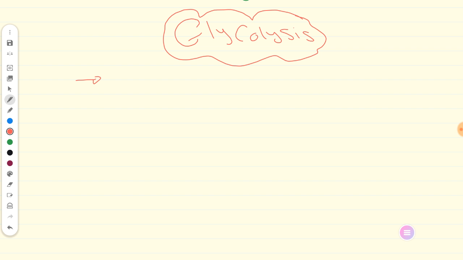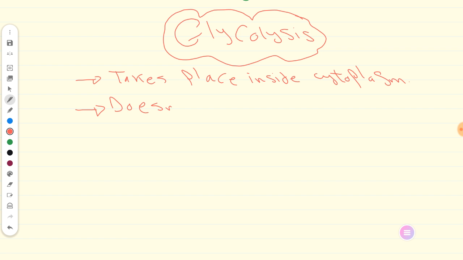Firstly, the glycolysis process takes place inside the cytoplasm of the cell, and it means that this process doesn't require the presence of oxygen.